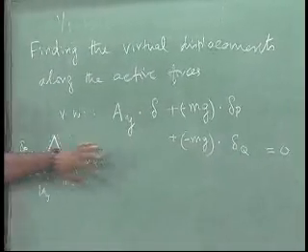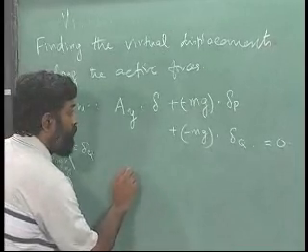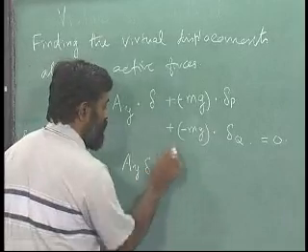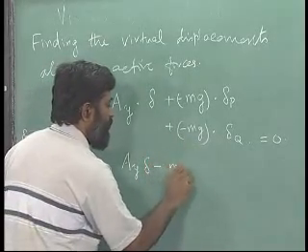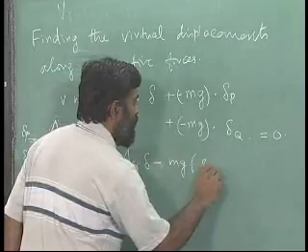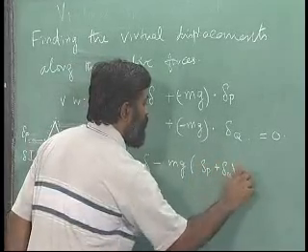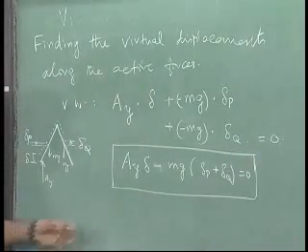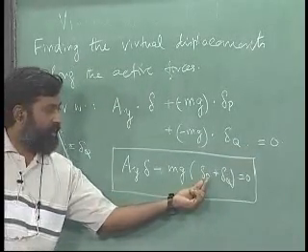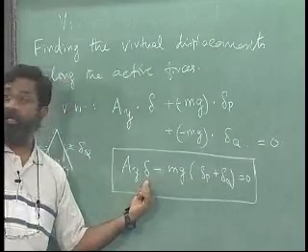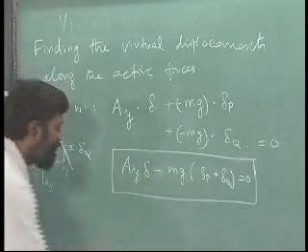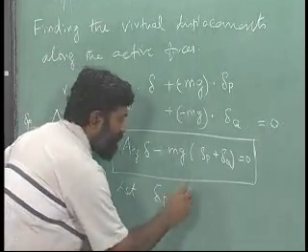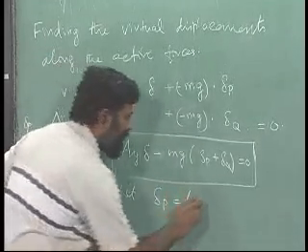And this gives me Ay delta, I am sorry, Ay times delta minus mg times delta p plus delta q equals 0. This is the virtual work equation. If I find out delta p and delta q in terms of delta, let us say delta p is equal to p times delta.